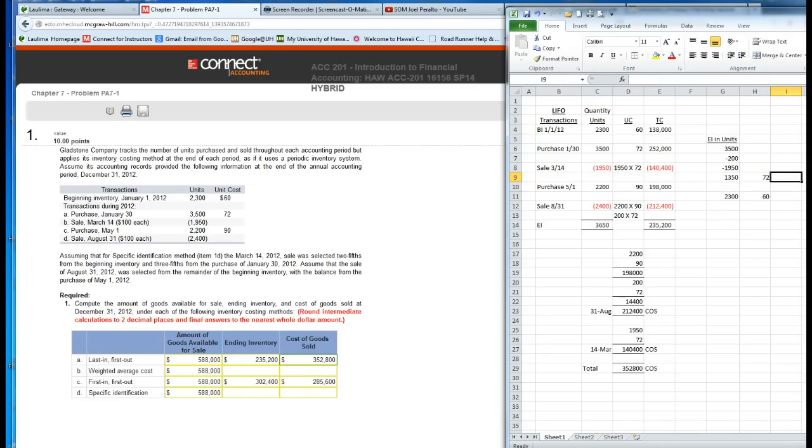And then we can calculate these two amounts. Take the units times the cost, and copy that formula down here, and then we can add the two together. And what should this amount be? This should be the dollar amount of our ending inventory, which should be this 235.2, and sure enough it is. So we're okay on that.